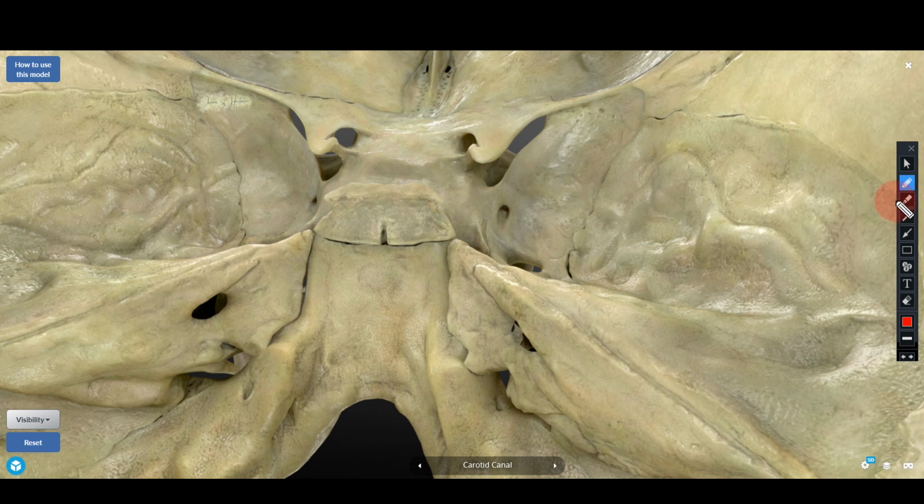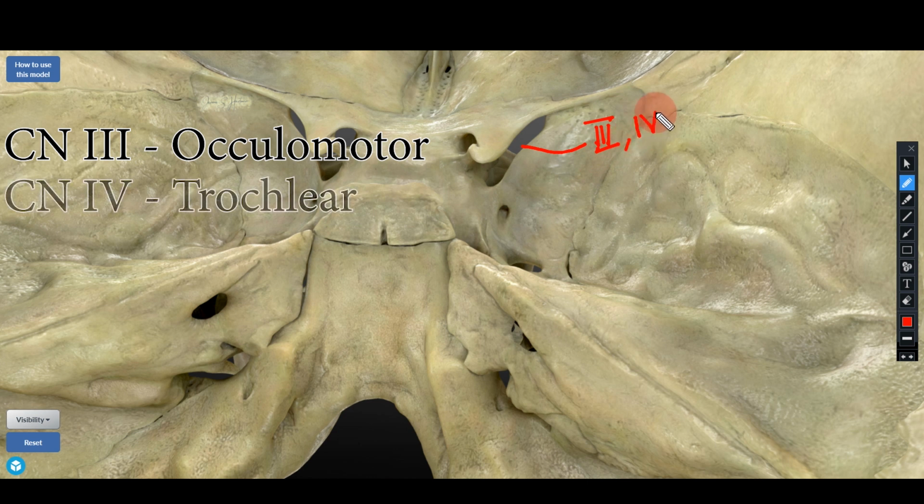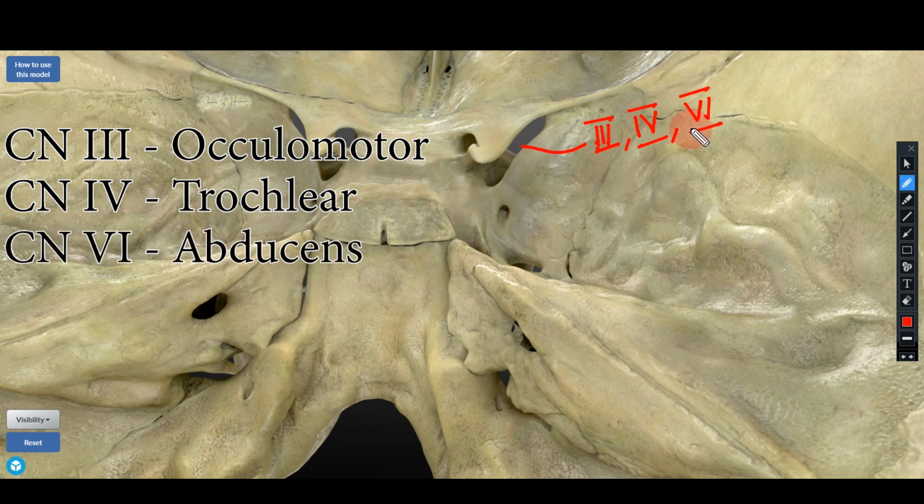The superior orbital fissure allows the passage of cranial nerves number 3, that is oculomotor, 4, that is trochlear, and 6. All these 3 nerves are concerned with eye movements, with cranial nerve number 3 having an additional function of pupillary constriction and accommodation. That means parasympathetic function. That is also a function of cranial nerve number 3.